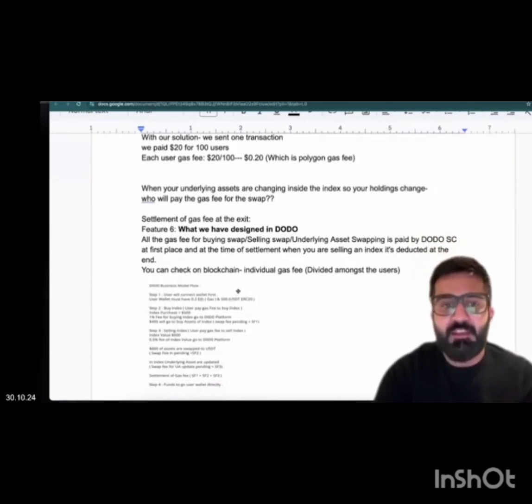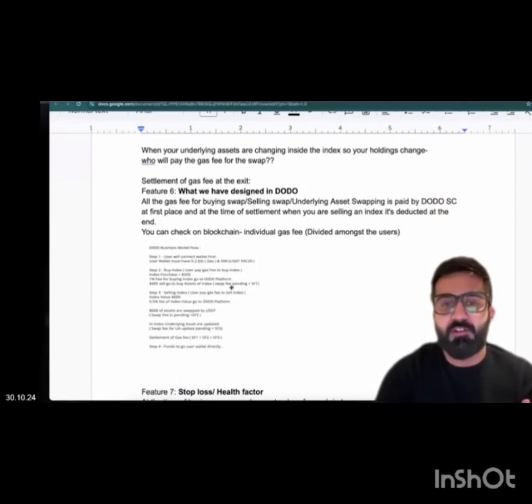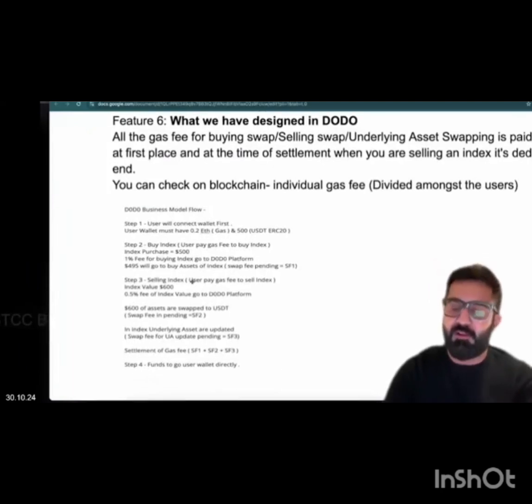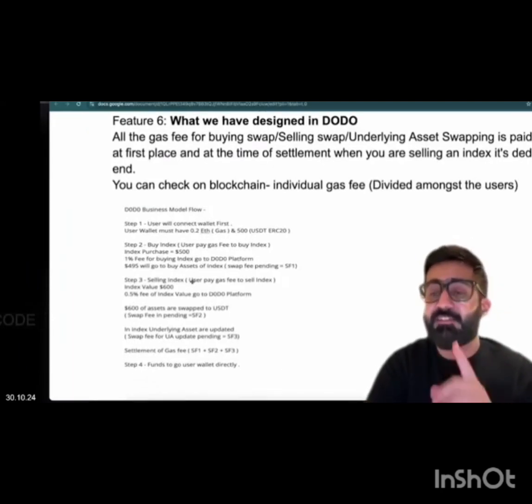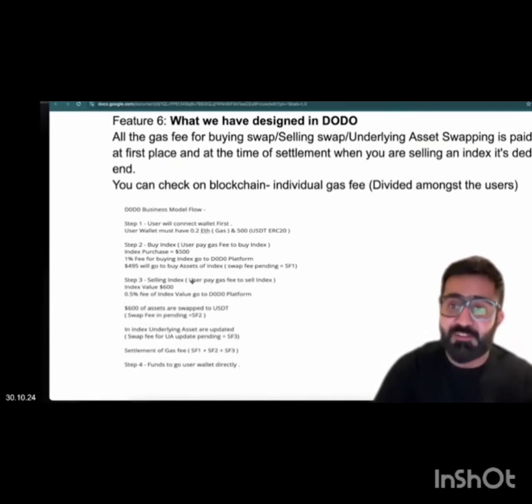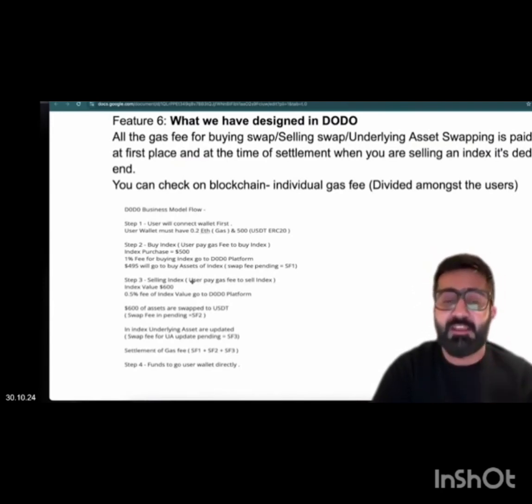It is calculated on three basic pointers. And this gas fee is not an individual gas fee. It is divided amongst users who are trading at the same time within the span of 15 minutes. So this is the flow of the gas fee.